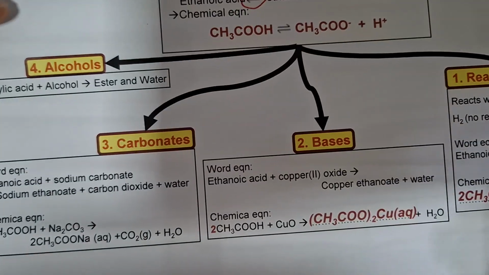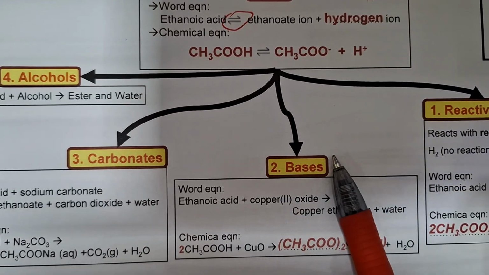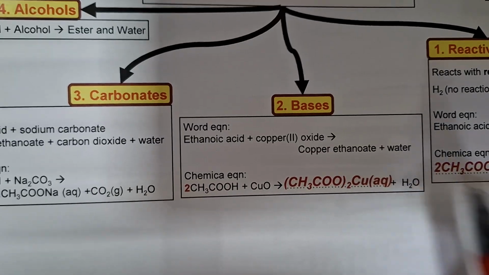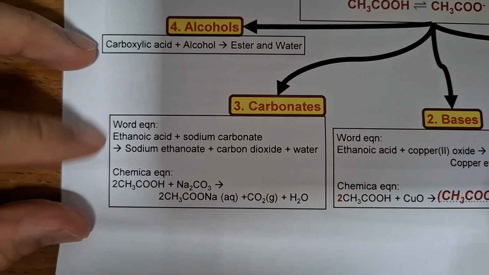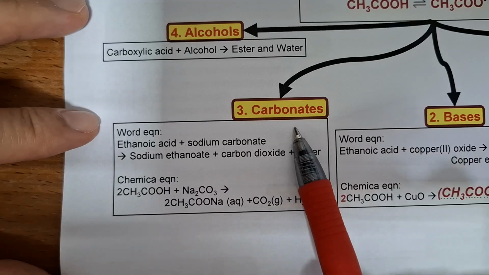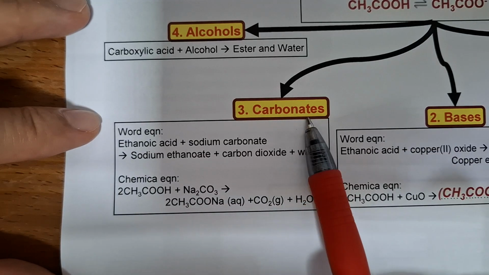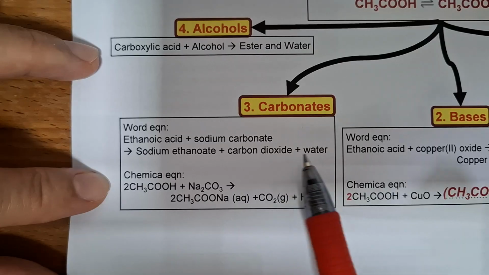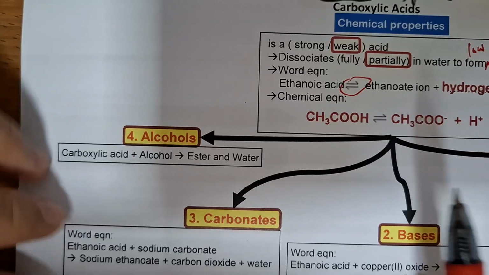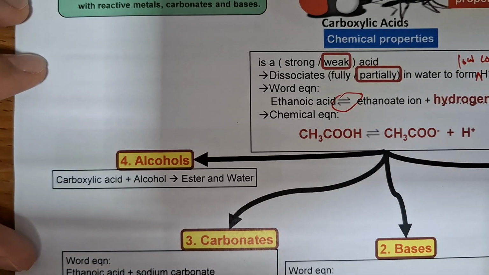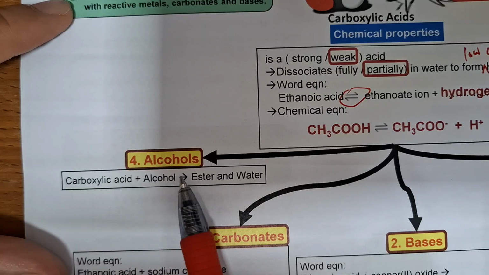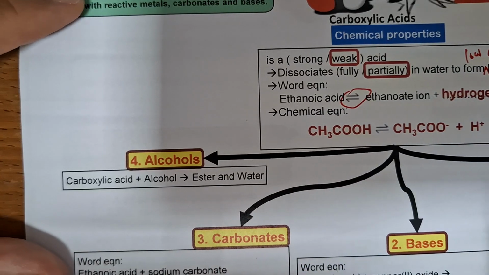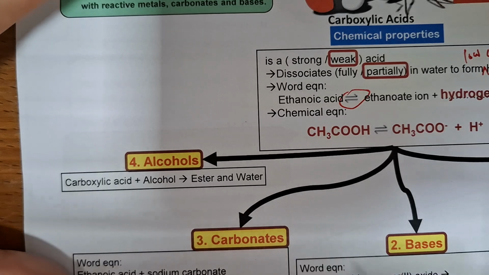And then the reaction between carboxylic acid and bases, just like acid and base, you have a salt and then you have water as the product. And of course, you have a reaction between carboxylic acid and carbonate to form salt, water, and carbon dioxide. Yeah, so this is actually in the pure chemistry syllabus: carboxylic acid and alcohol to form ester and water.